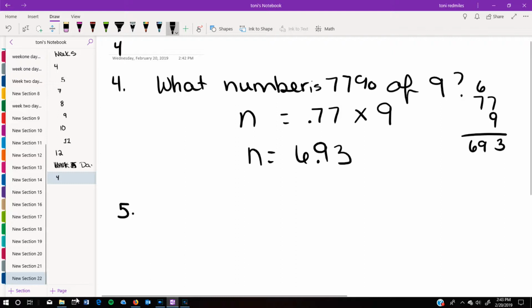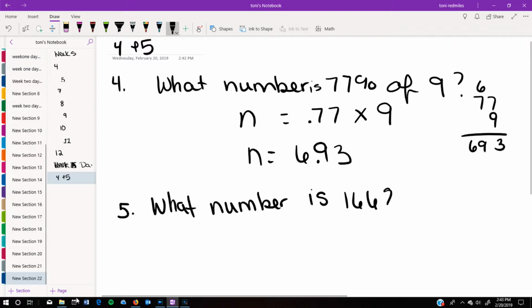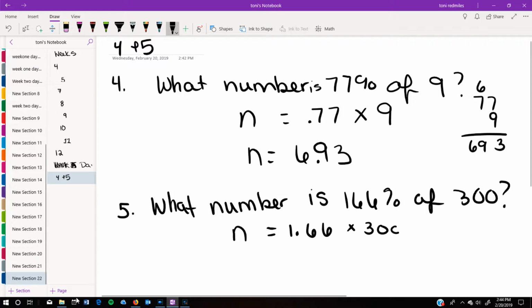Let's do number 5. What number is 166% of 300? What number is n? Is equals, that as a decimal is 1.66, of is multiply, and 300.